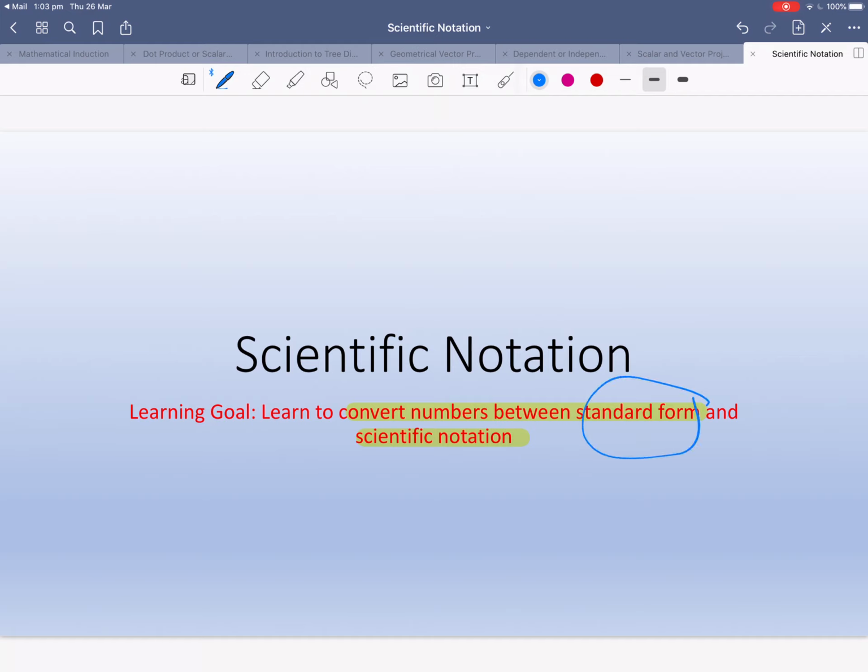Standard form is just a normal number, all the numbers that you've encountered so far. So hopefully it's pretty straightforward, and let's get on with the lesson.